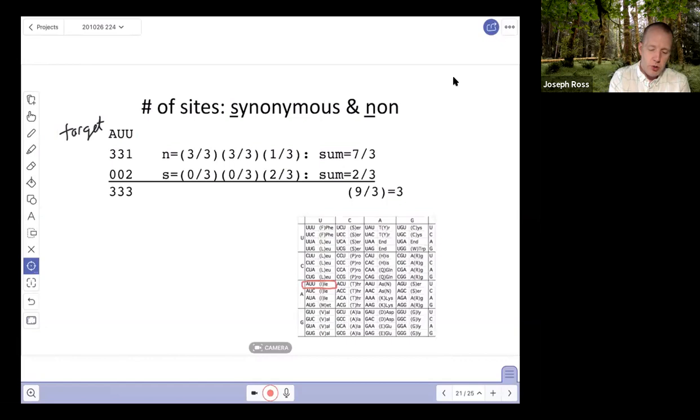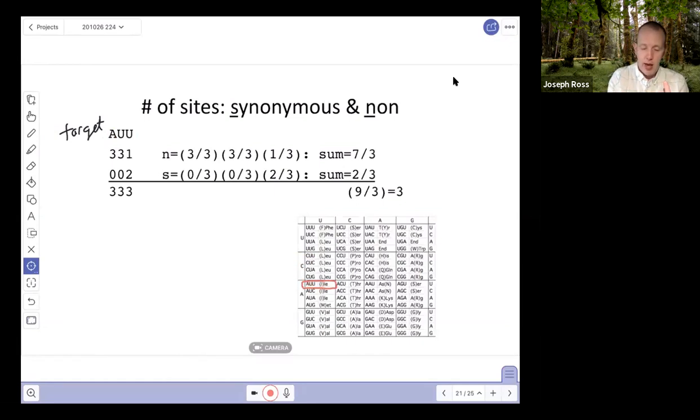And in that first position, we say, okay, we're going to focus on the first position, A. What happens if you mutate the A? We're going to count up how many non-synonymous changes there could be and how many synonymous changes there could be. So if A changes to C, that's AUU to CUU. That's a change from isoleucine to leucine. So that's one non-synonymous change.